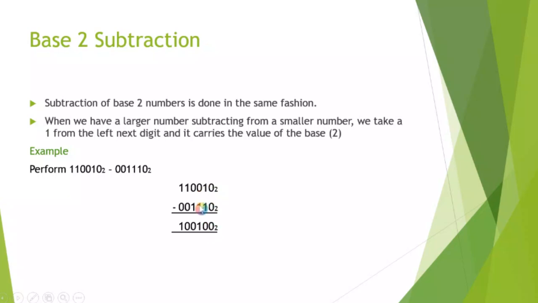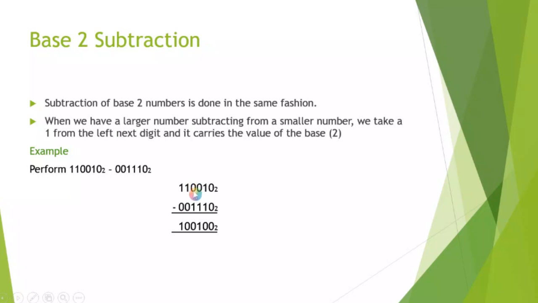This is impossible for now because we don't have negative numbers in terms of bases, right? So for 0 minus 1, we are going to take a 1 from this side. This 1 will carry a value of 2 to this digit.